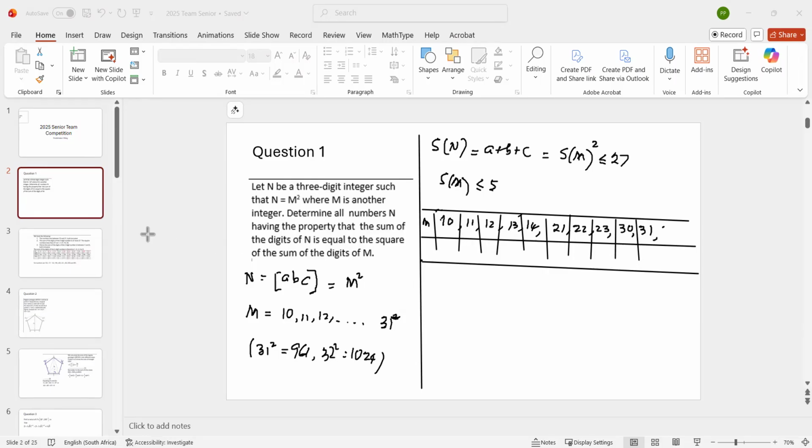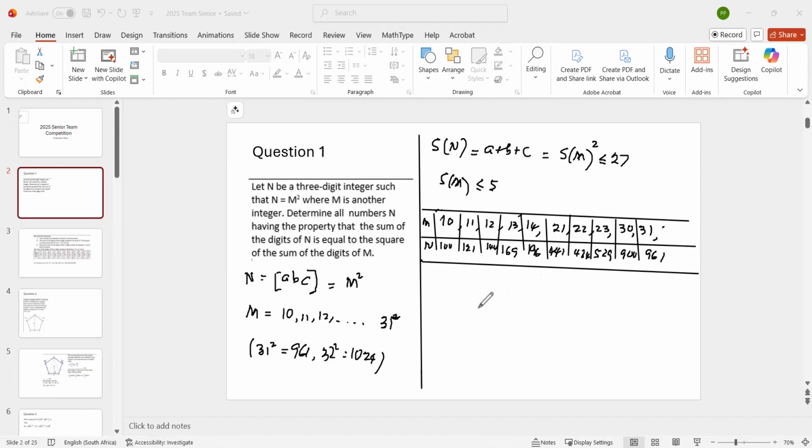Okay, that's m, and n is m squared. So this is 100, 11 squared, these are the squares of these numbers. 22 squared is 484, 529, and 900, and 961.